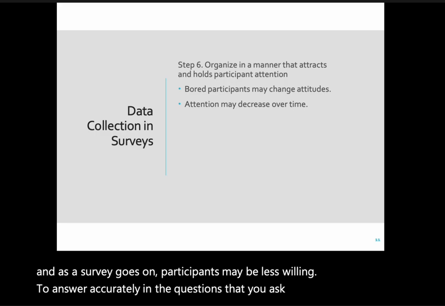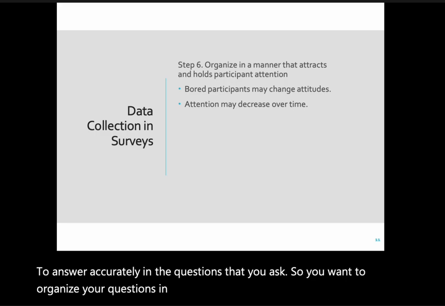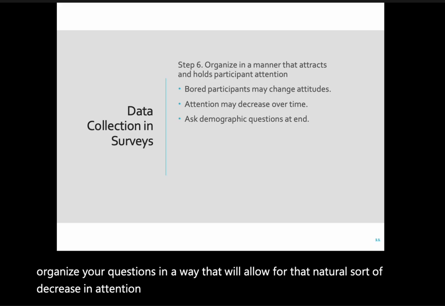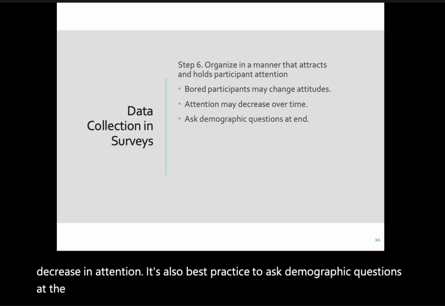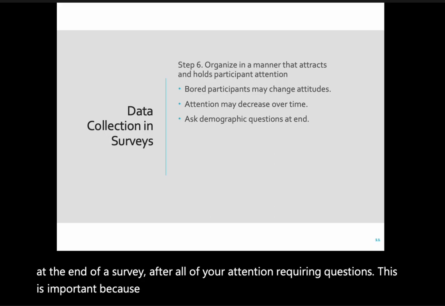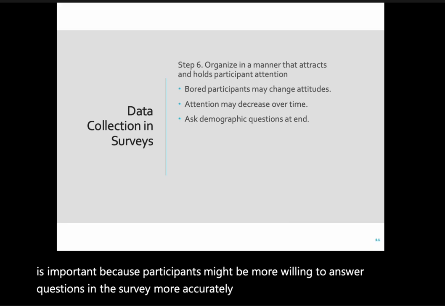So you want to organize your questions in a way that will allow for that natural decrease in attention. It's also best practice to ask demographic questions at the end of a survey, after all of your attention-requiring questions. This is important because participants might be more willing to answer questions in the survey more accurately if they have not yet exposed their identity.